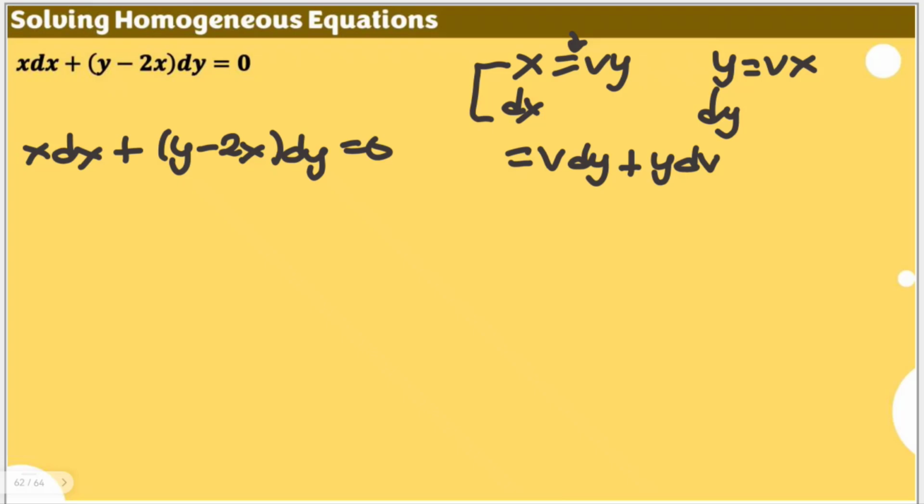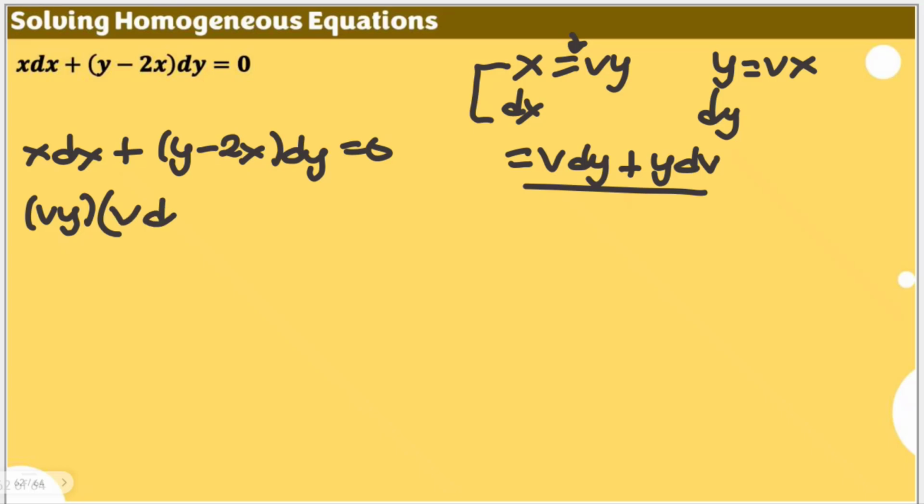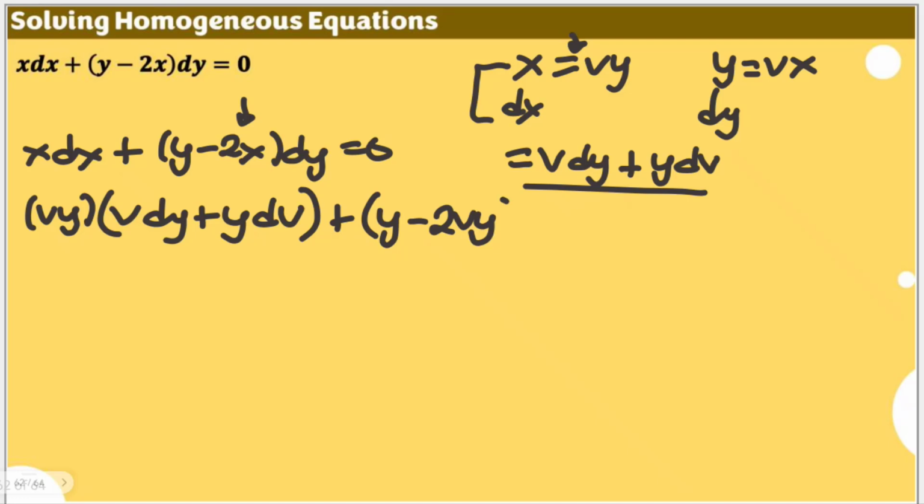So our x would become vy, and the dx is also changed to its equivalent form here, so you have v dy plus y dv. Okay? Plus, take note that in our second expression, you also have x. So you will have y minus, instead of 2x, you have 2vy dy equal to 0.